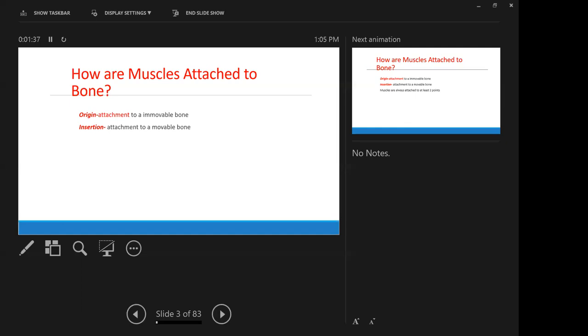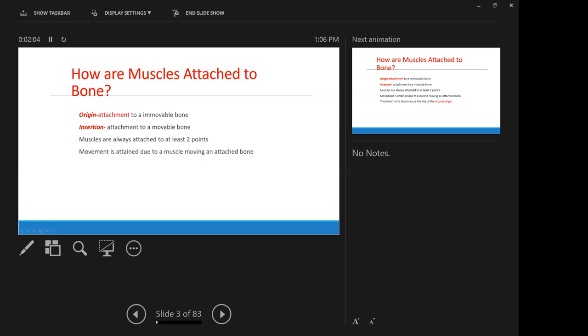The insertion is where it attaches to a movable bone. Now you can have more than one origin. You can have 2 origins, you can have 3 origins. Generally, though, you have one insertion, one movable bone. And so when you pull on the bone, it's going to move. So you're always going to have 2 points, an origin and an insertion.